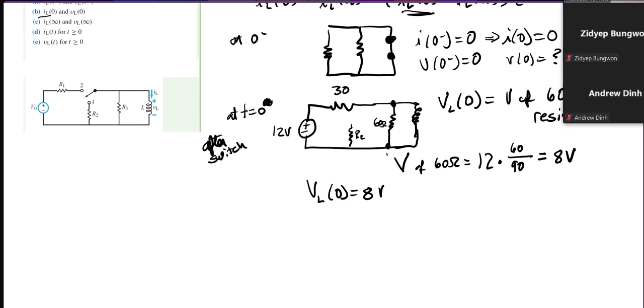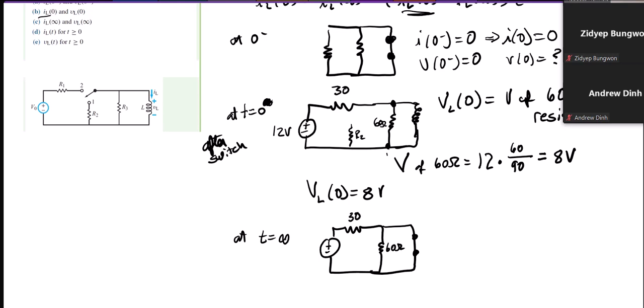Okay, so now it's asking for IL at infinity and VL at infinity. So at t equals infinity, we are at steady state, and the inductor is a short circuit. So there's our inductor. Well, that inductor is now shorting out the 60 ohm resistor.